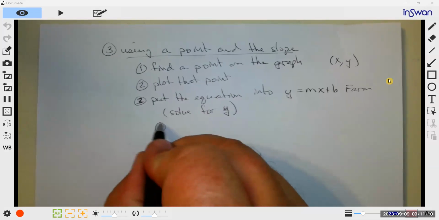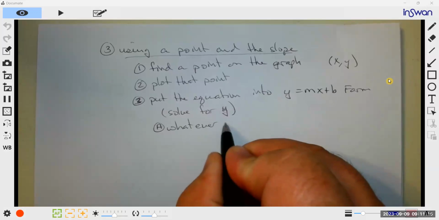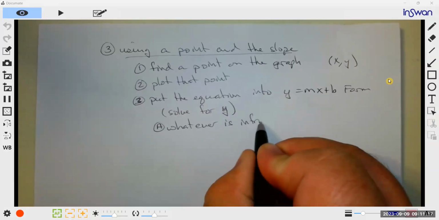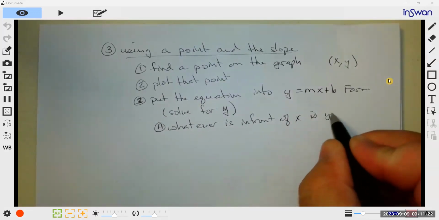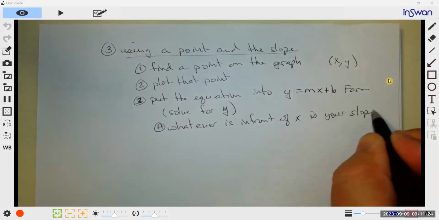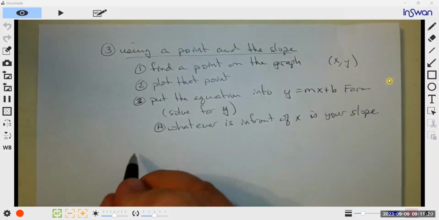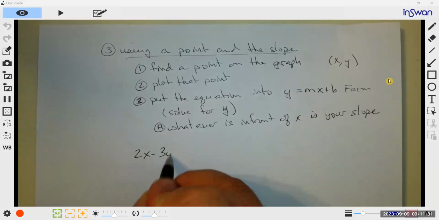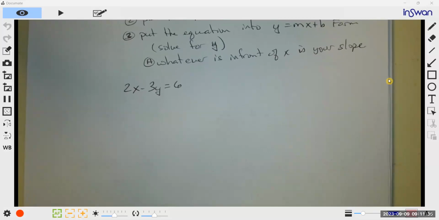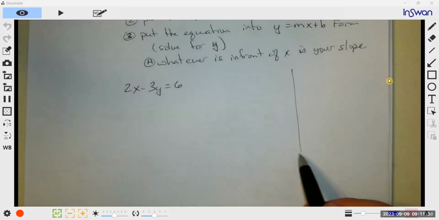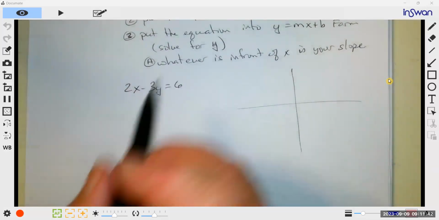Because if you solve for y, whatever is in front of x is your slope. All right. So first thing, we have to find a point.